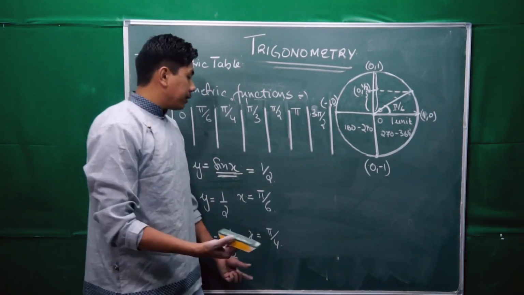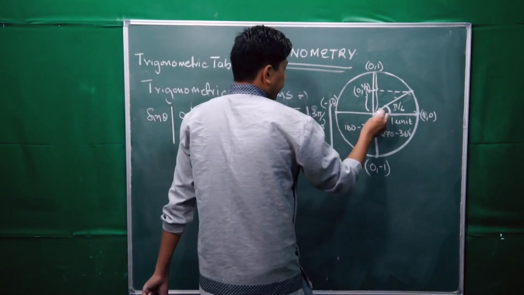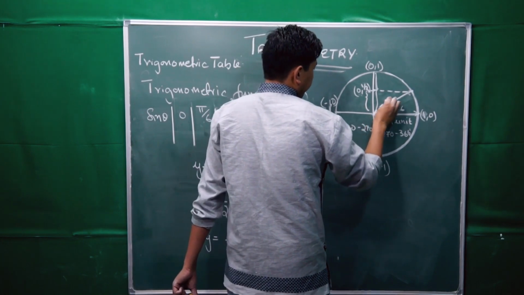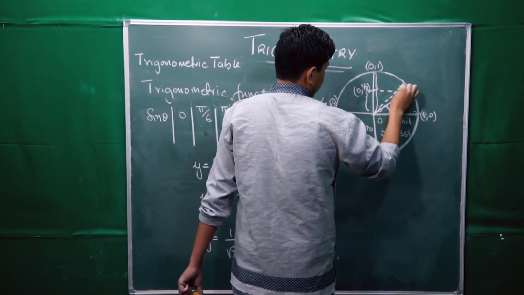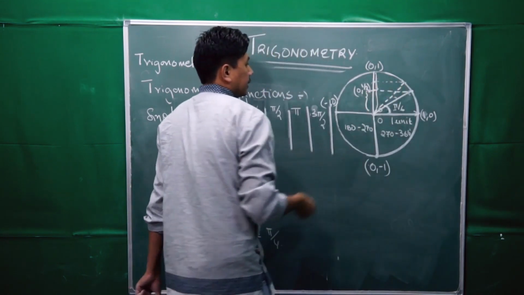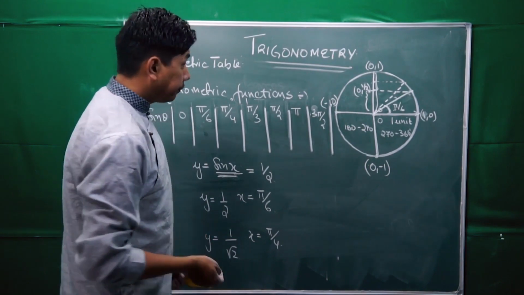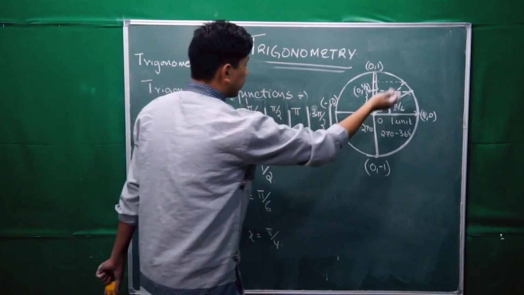As the denominator becomes smaller, the whole number itself increases slightly. Okay. So for the angle pi by 4, the value of y increases slightly more. Clear? Okay. So likewise, it goes on increasing.